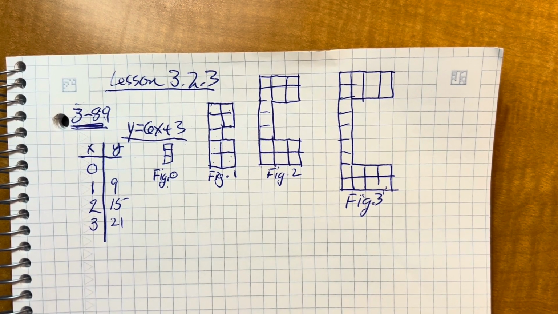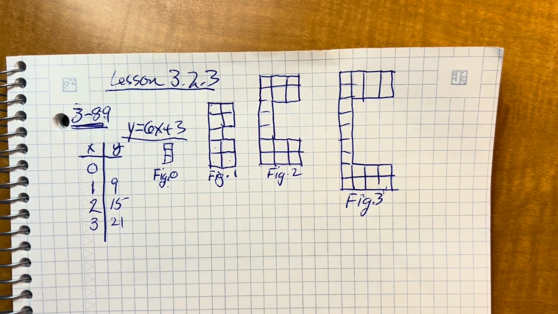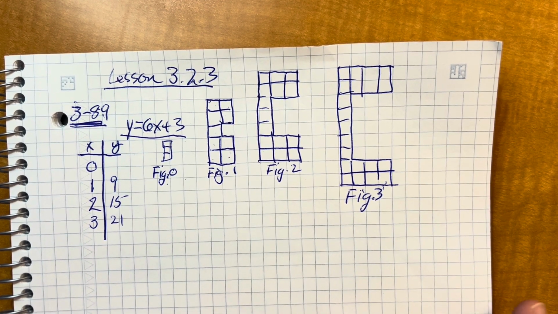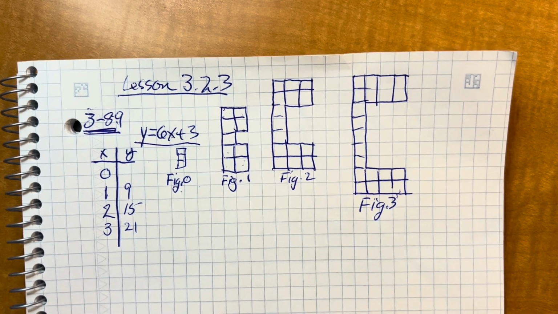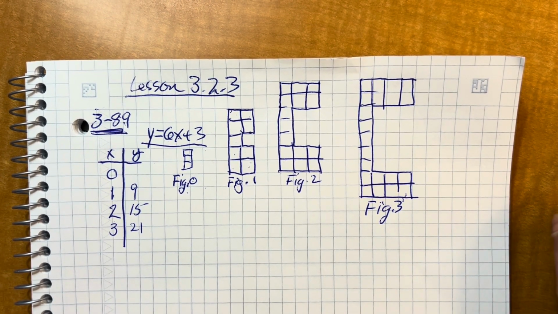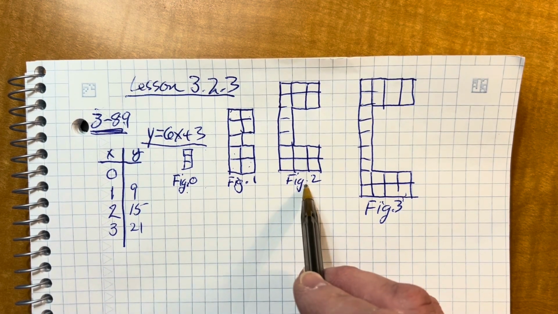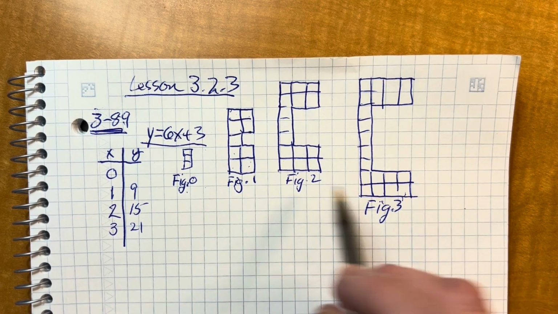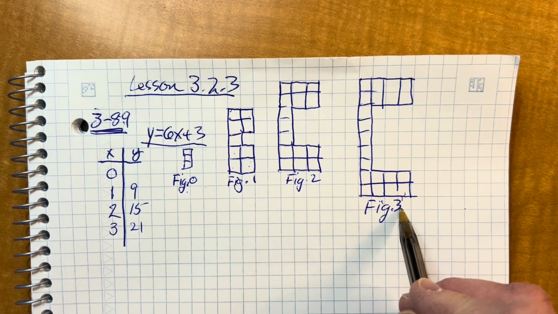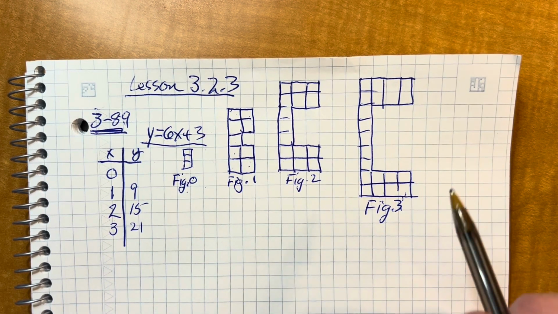So what they're asking you is this Penelope girl, whoever this is, I don't know if she's a nice kid or not a nice kid, but in any case, she wants to find out how many tiles will be in figure 50. So really, what we're doing is we're increasing by 1 each time, and every time we increase by 1, we multiply by 6 and add 3.